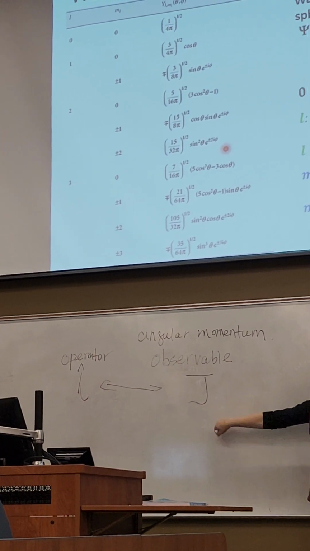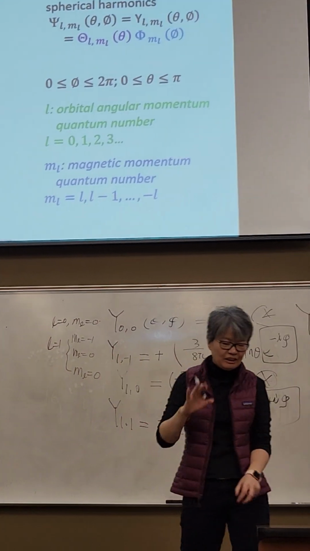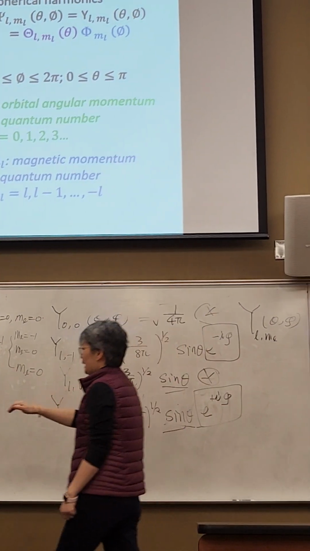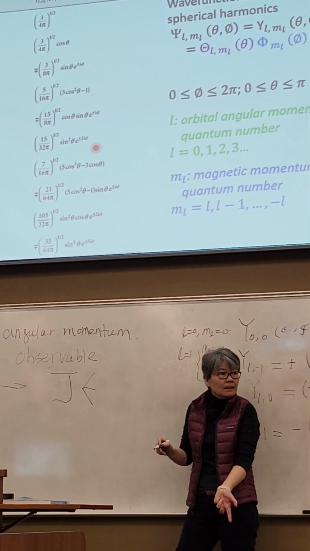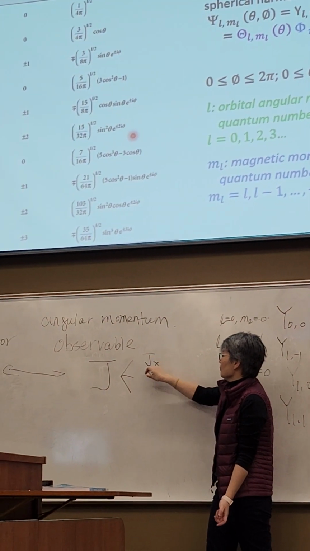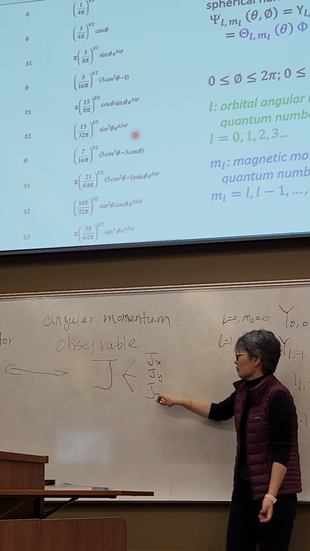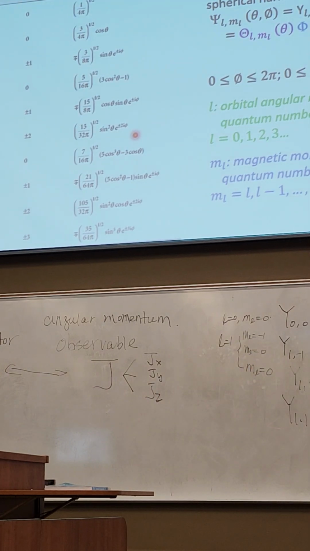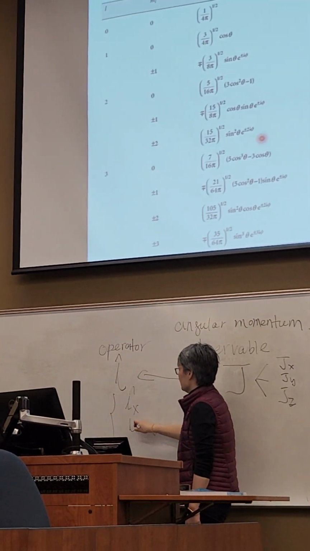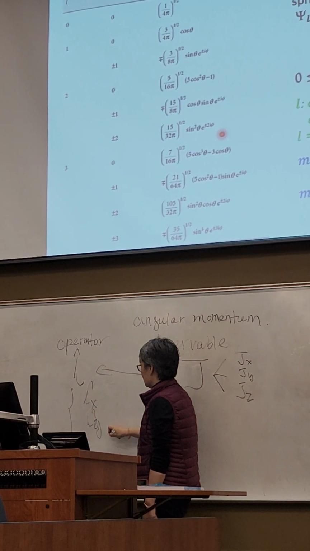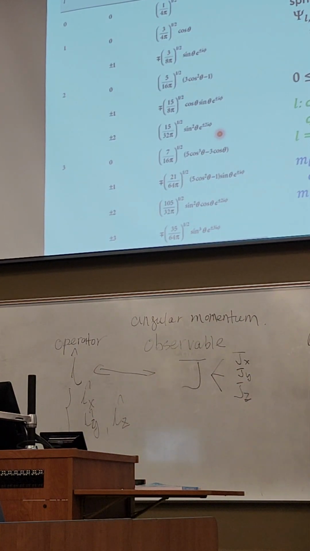Now, if I'm having stuff that rotates in a 3-dimensional space, the angular momentum would have components in x, y, z dimensions, right? That's the same as the kinetic energy, as the linear momentum. The value has a motion in x, y, z components. Then we will have a corresponding operator related with what? Those 3 axes.